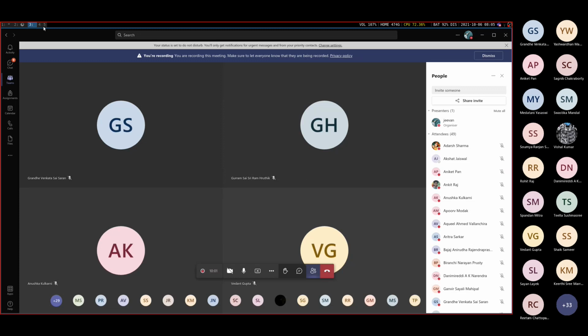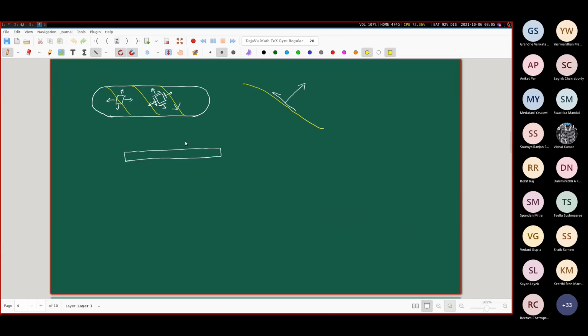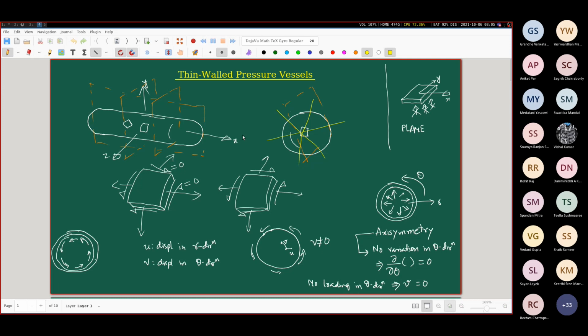We were discussing the thin wall pressure vessel on Monday, and we had discussed quite a few things, especially with regards to the case that this was a situation of plane stress on the wall, even though it is a curved wall, both for the cylindrical pressure vessel as well as the spherical pressure vessel.